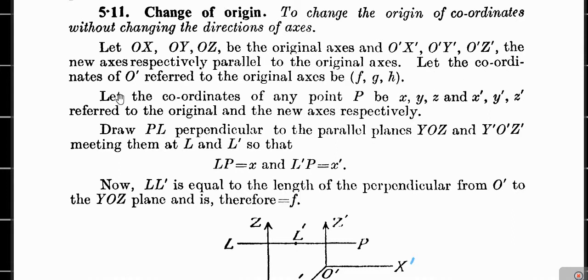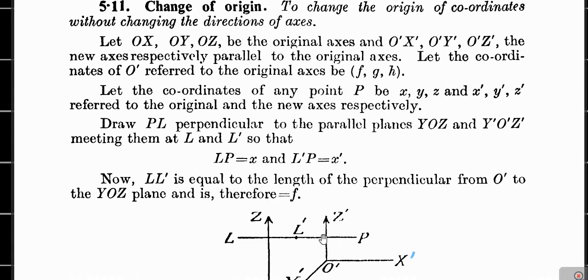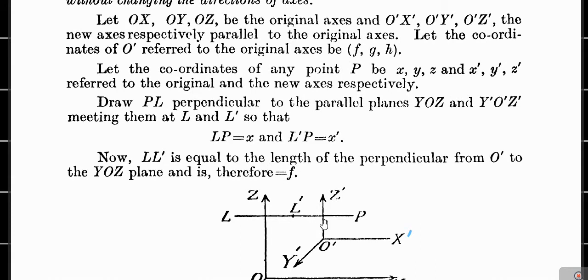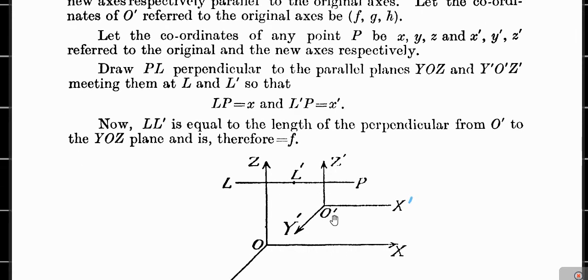Let the coordinates of O' referred to the original axes, our regular frame of reference of the x-axis, y-axis, z-axis, be F, G, H. Suppose the coordinates of O' are F, G, H.